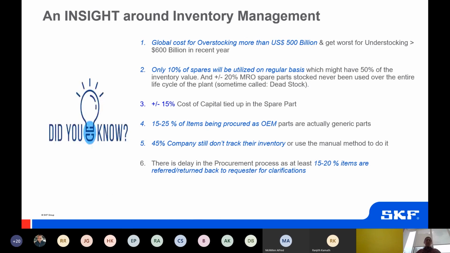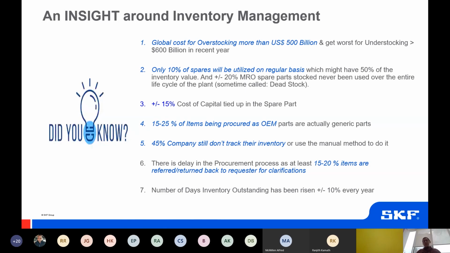For example, the requestor, maybe from maintenance or operation, just sends the order request to procurement, and procurement will try, maybe through a tender or by sending an RFI or RFQ to different vendors, but none of the selected vendors can obtain the item. So procurement needs to go back again to the requester to ask exactly what kind of item the requester needed.